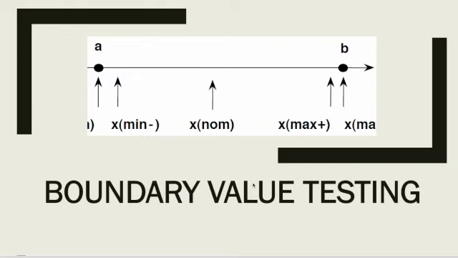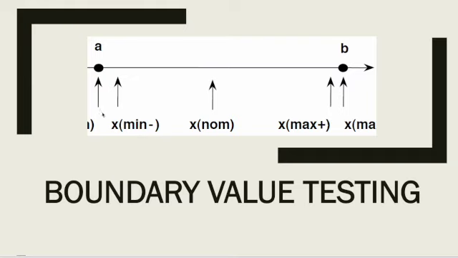So if you are trying to test and you are confused, you can just draw out this line and try to fix in your values like this. Okay, so we are saying values in between the boundary A and B are considered what? Valid. That is the minimum and maximum.